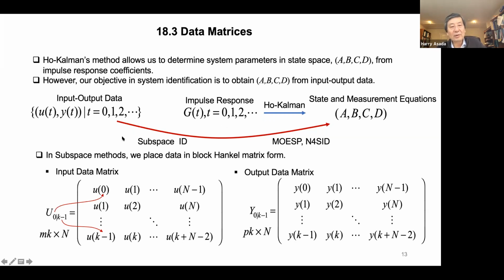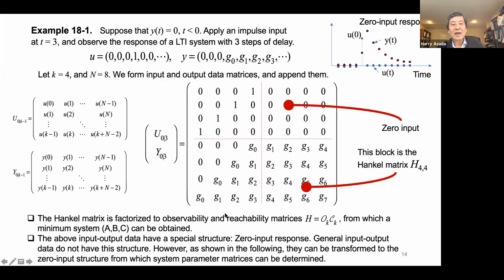But our goal is to do so starting with the input and output data sequence, right? So we introduce yet another set of Henkel matrices, big block Henkel matrices, for the input vectors and the output vectors. Writing this in this way, I put U03 and Y03 together, up and down.